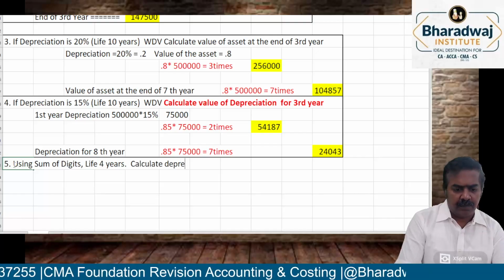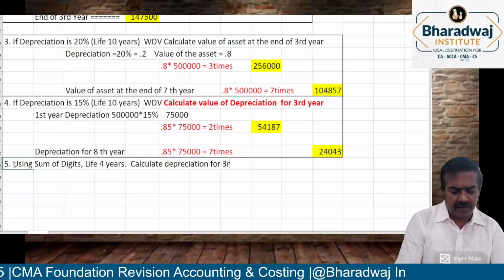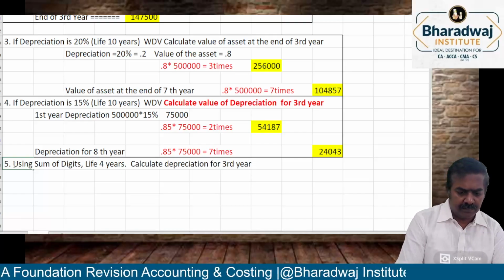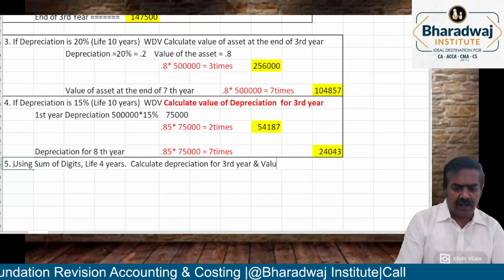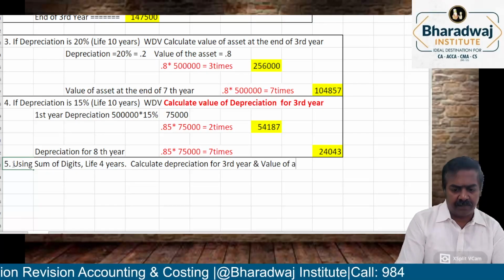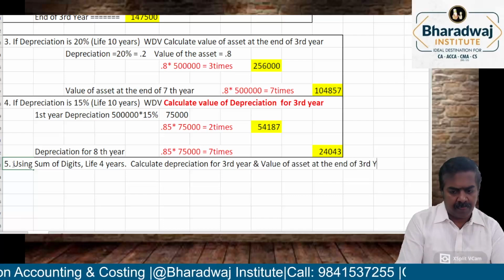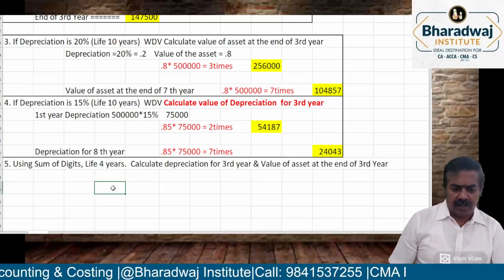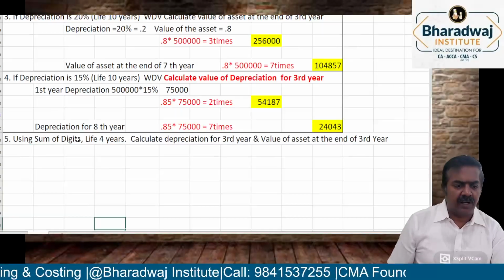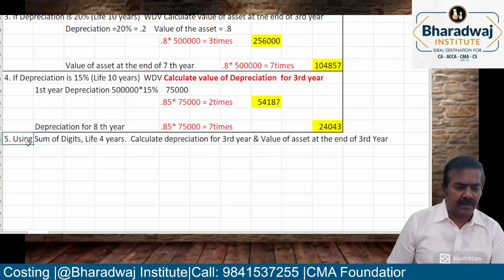Calculate depreciation for third year and value of the asset at the end of third year.